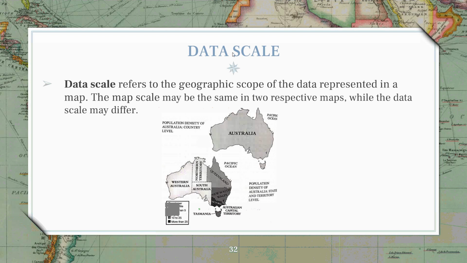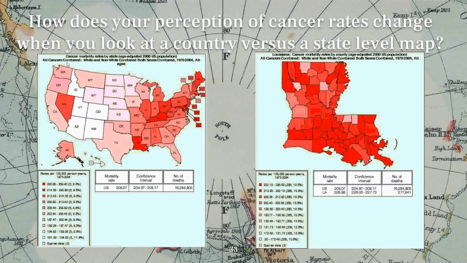But we have to talk about data scale because in these two maps, it doesn't tell you the whole picture when you just look at this and say, yeah, people live there, they're kind of all spread out. No, they're actually here, so you have to put that into perspective, okay? So that really comes into play when we look at maps like this one, okay? Let's look at this United States map, and we said, okay, this is patients with cancer by state.